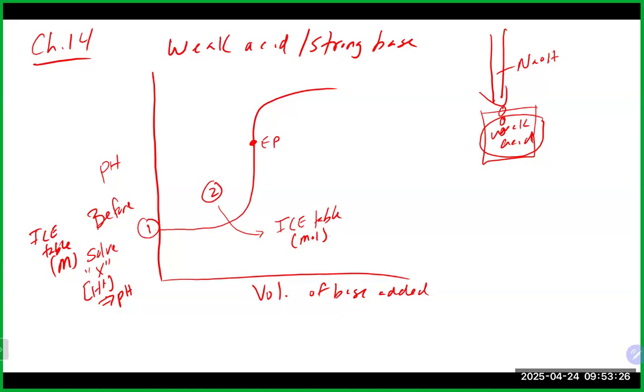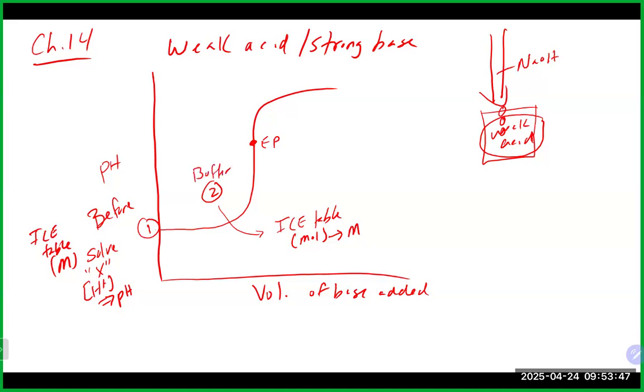As usual, after you do that first ICE table, you then convert it back to molarity using your total volume. What you should always end up with in this type of titration before the equivalence point is a buffer.